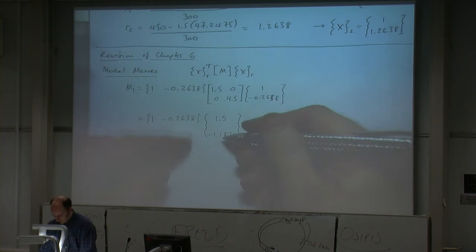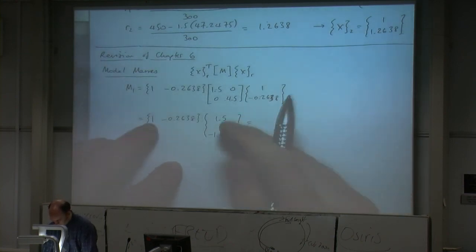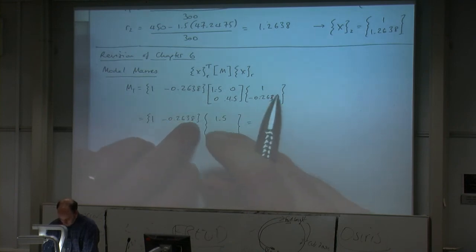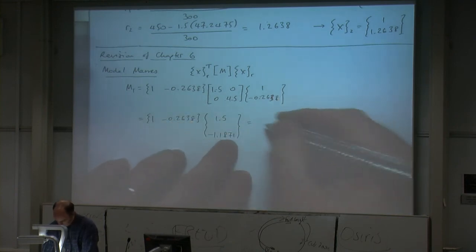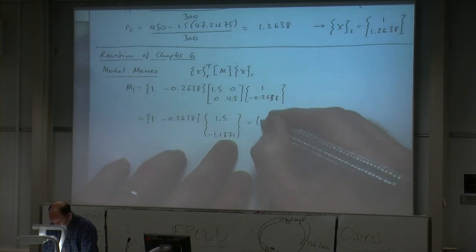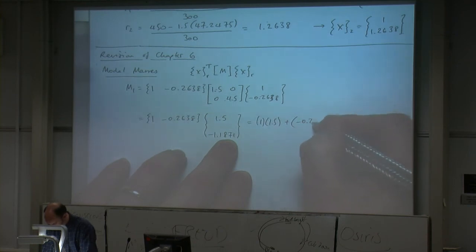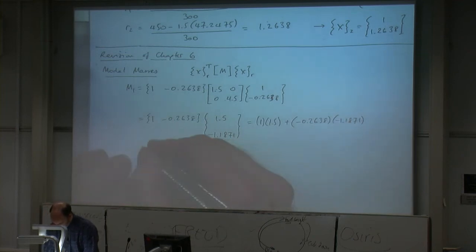Those two we can multiply together relatively straightforward. It's 1 times 1.5 plus minus 0.2638 times minus 1.1871. If you do the sums, that comes out to be 1.8132 as M1.